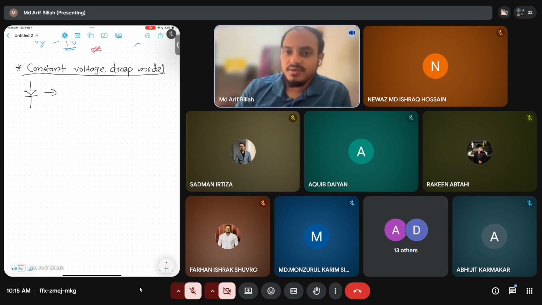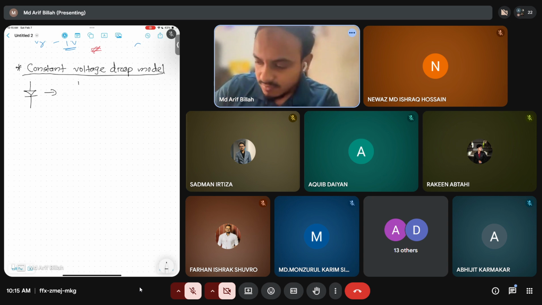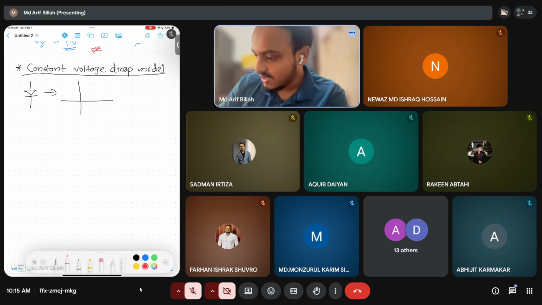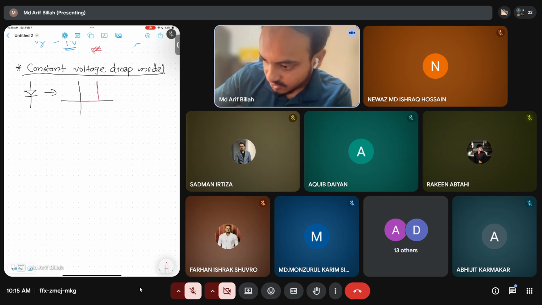For the constant voltage drop model, it assumes যে once the diode starts conducting, there is no resistance to the voltage drop.